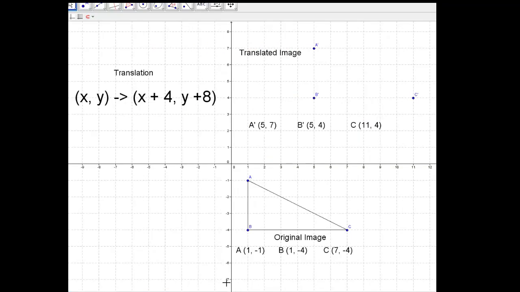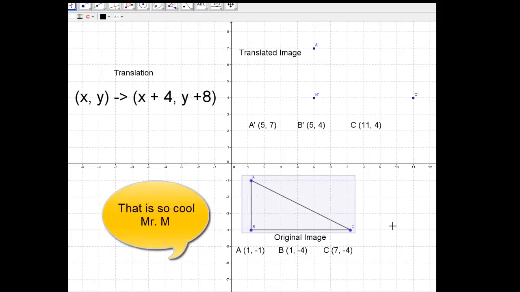I've just changed into the graph mode here. I'm going to highlight the triangle that is drawn in quadrant 4, and we're going to move to the right 4 units, and then it's going to move up 8 units on the y. It doesn't have to move the x first, you can move the y first.